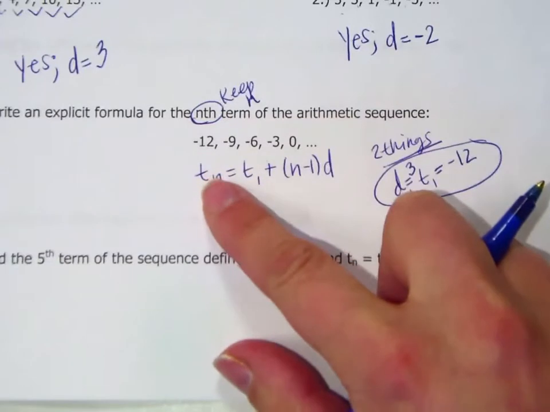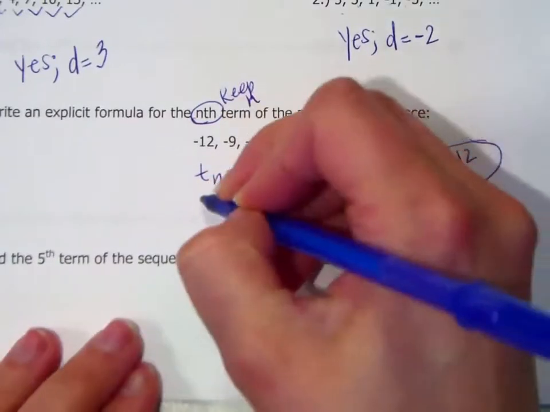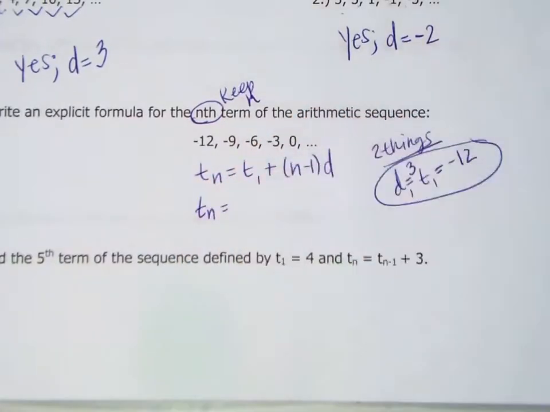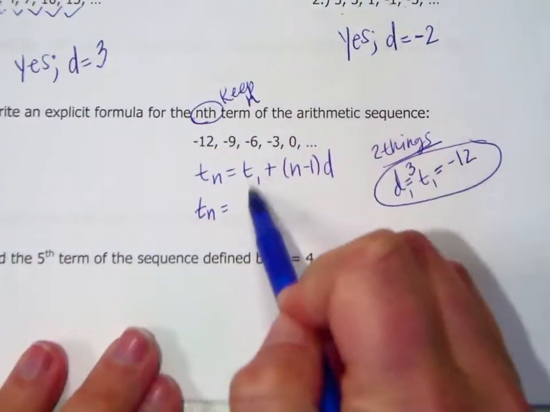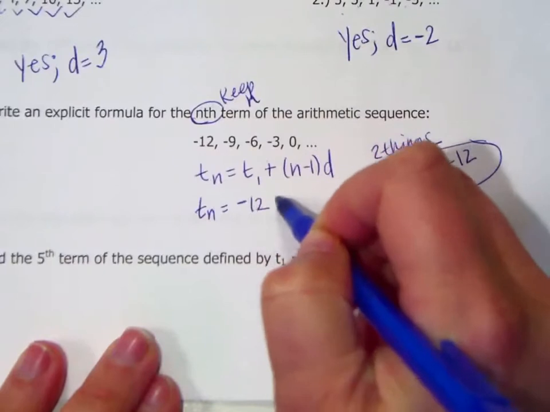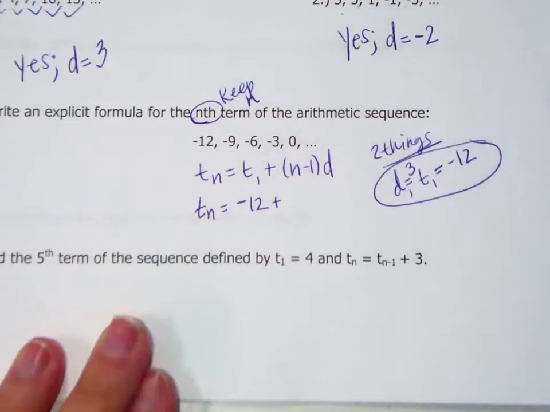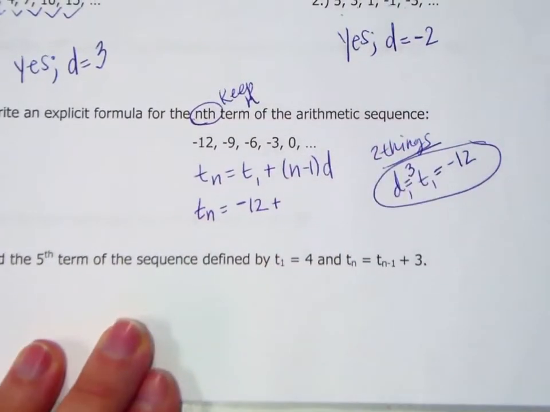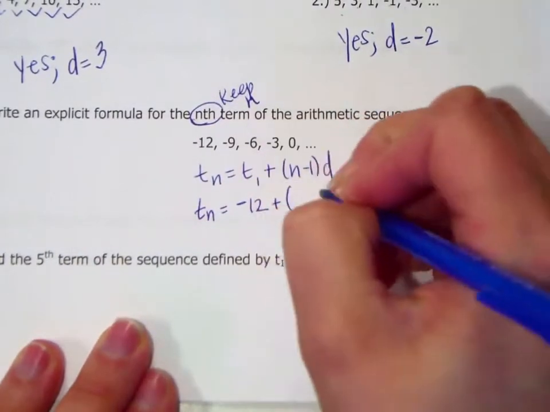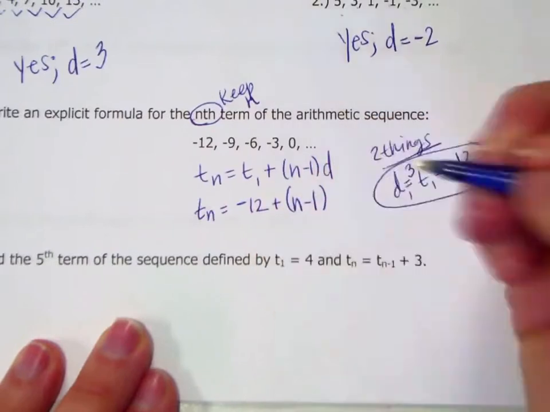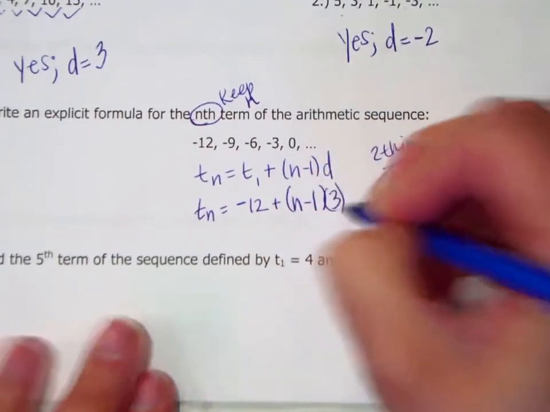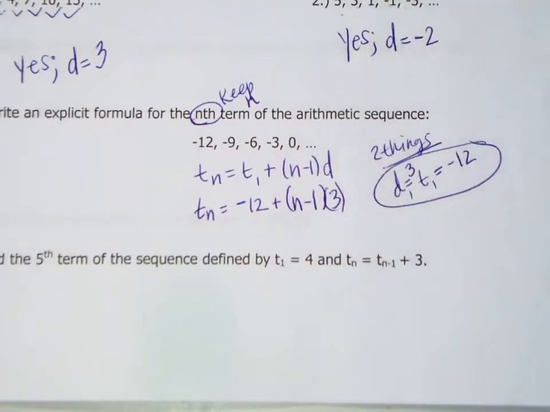Again, we are keeping n in here, so this is going to stay t sub n because that is what makes it general, to apply for anything. t sub 1 again is -12, plus the quantity n minus 1 times the common difference, which is 3.